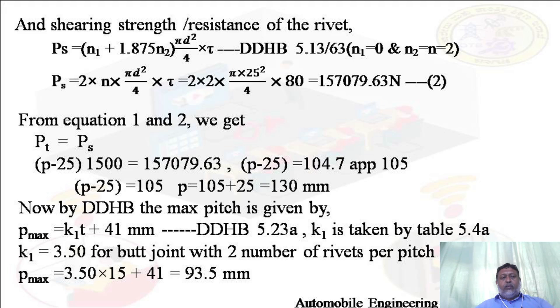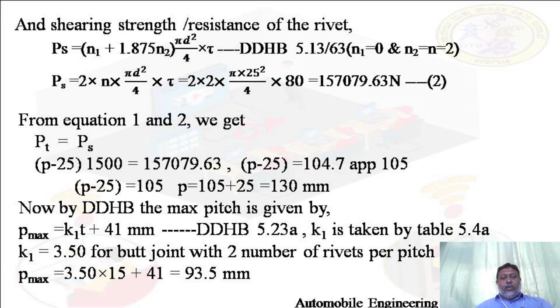Equating the two, PT and PS: (P minus 25) 1500 equals 157079.63. The value will be P minus 25 equal to 104.7, approximately 105. Now P is equal to 105 plus 25, it is 130 mm.